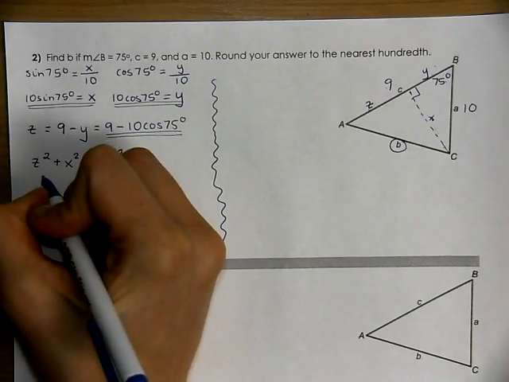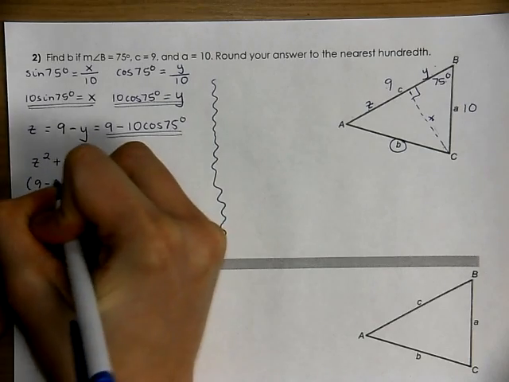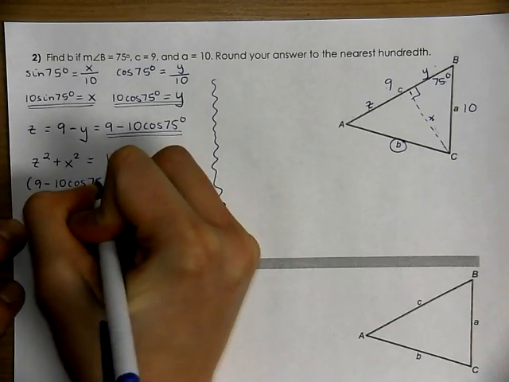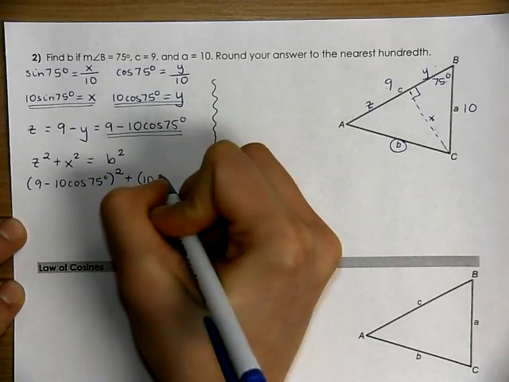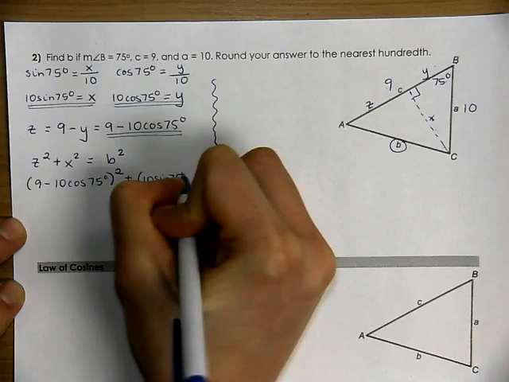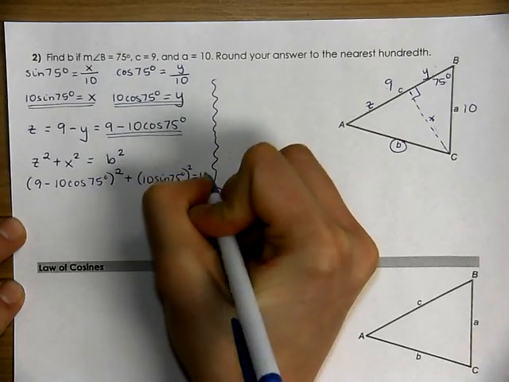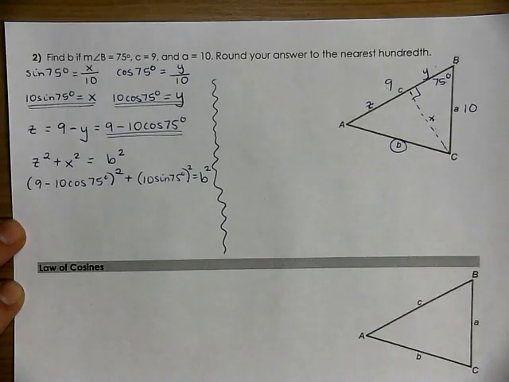Well, z is 9 minus 10 cosine 75. So (9 minus 10 cosine 75 degrees) squared plus x, (10 sine of 75 degrees) squared, will be equal to b squared.